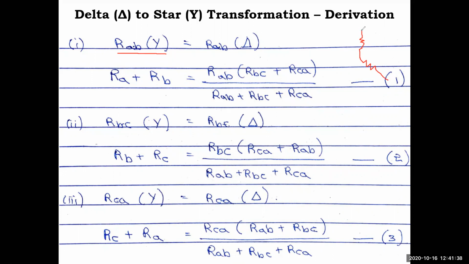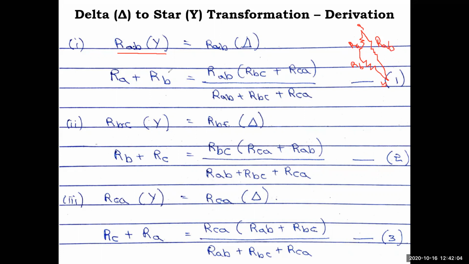So this is A and this is B, and the remaining one is open circuit. Now this is RA and this is RB, and this is RAB. So only with these three will it be there in your equation. So this is the assumption.